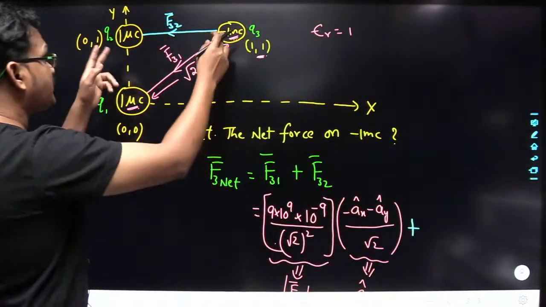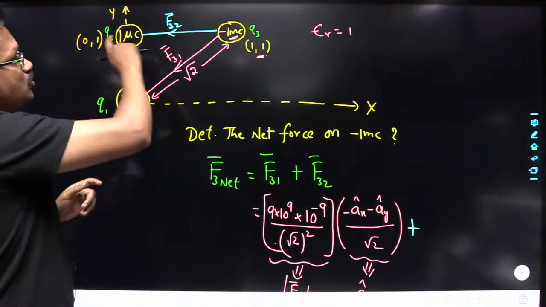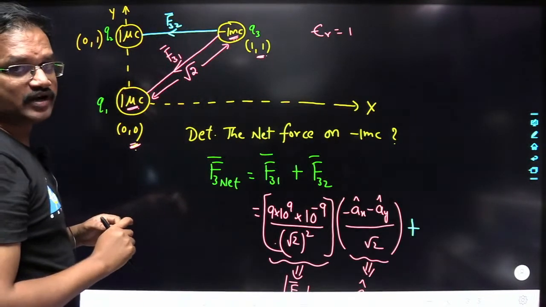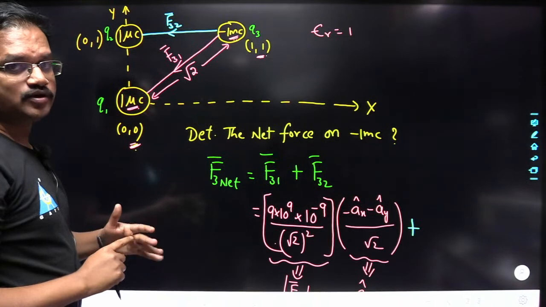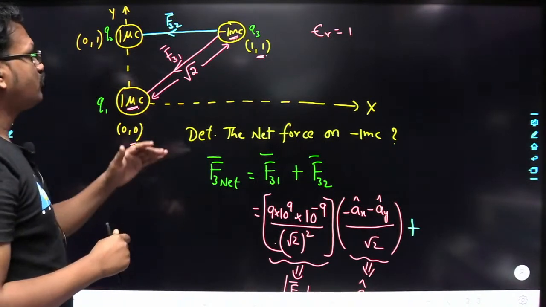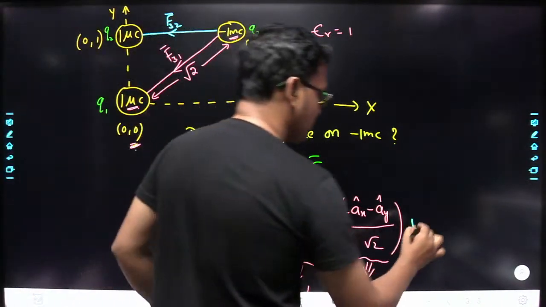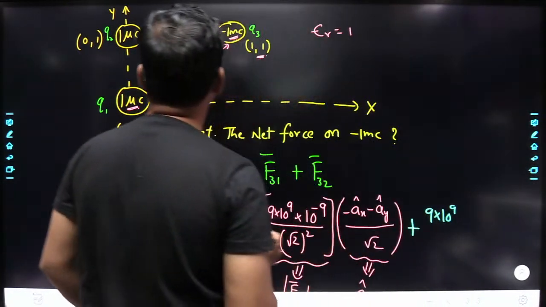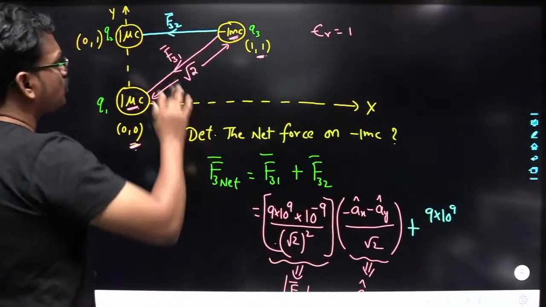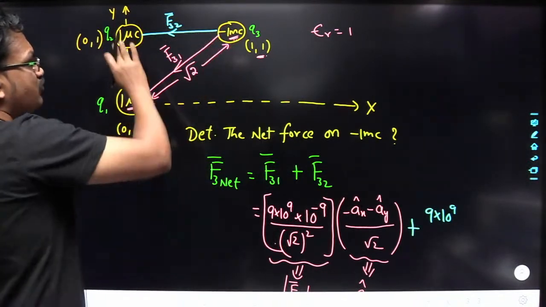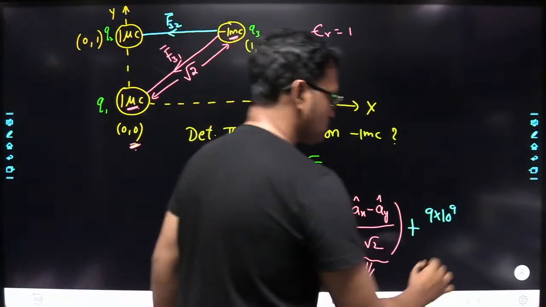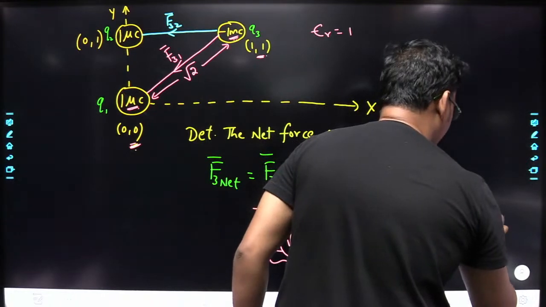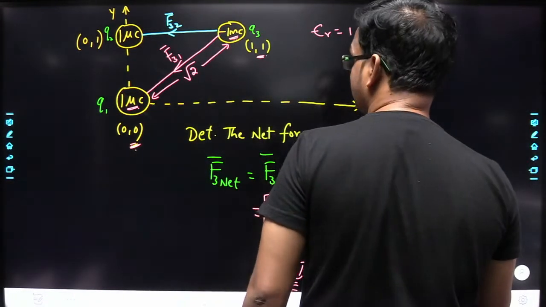What is the magnitude? Q2 Q3 divided by 4 pi epsilon naught r square. 1 by 4 pi epsilon naught value is 9 into 10 power 9, into Q2 into Q3, that is 1 micro into 1 milli, so that is 10 to the power of minus 9. Always consider only the positive magnitude.